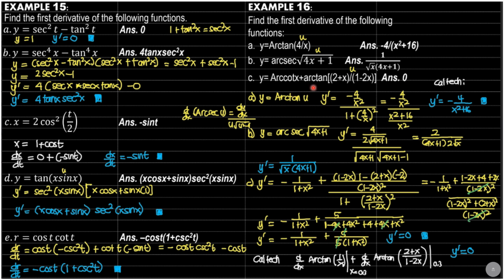Then derivative of arctan of u, imagine that's u, is du dx, derivative of this ratio over 1 plus u squared. So plus du dx, so derivative of this ratio, denominator, times derivative of numerator 1 minus 2x, minus numerator 2 plus x, derivative of denominator negative 2, all over denominator squared, 1 minus 2x squared.